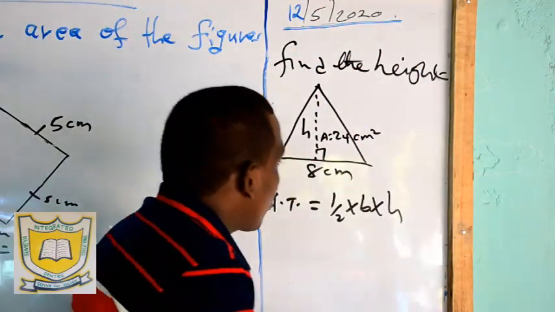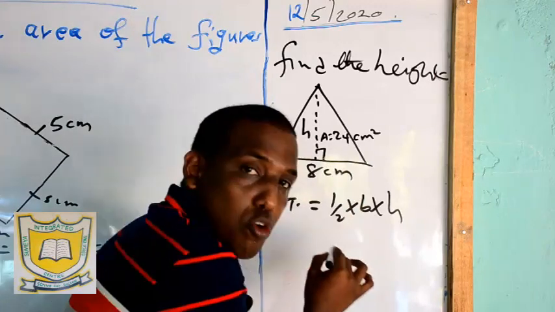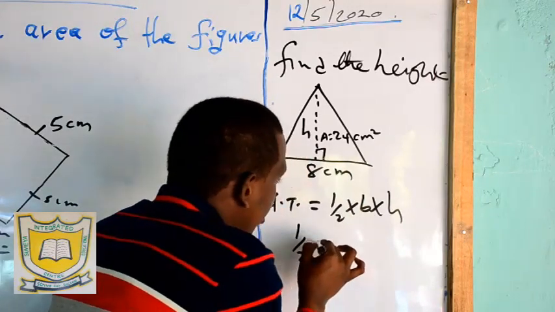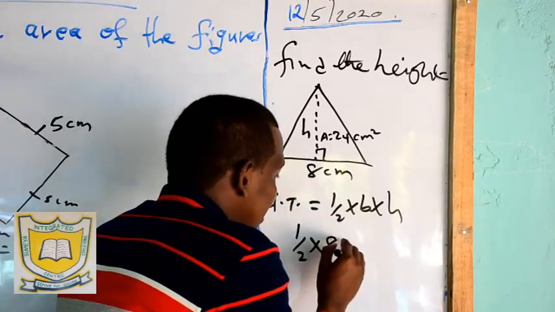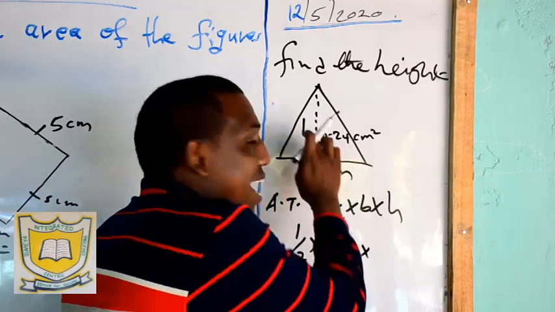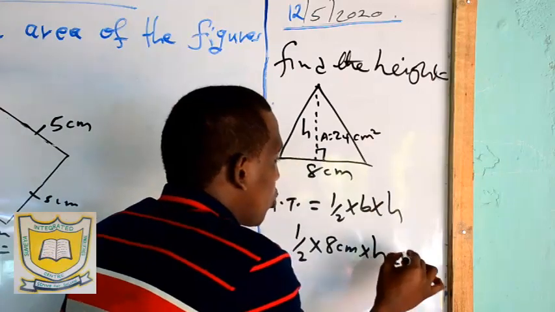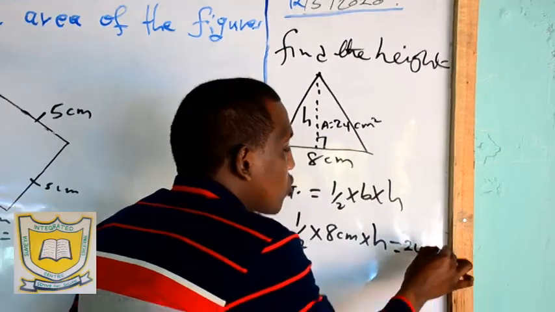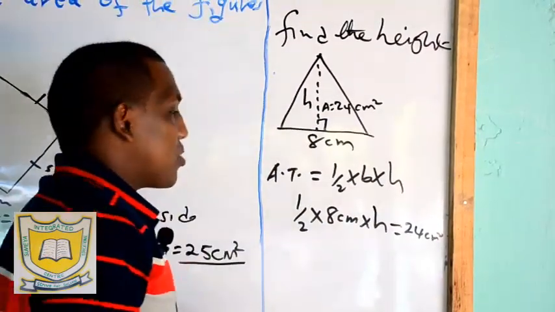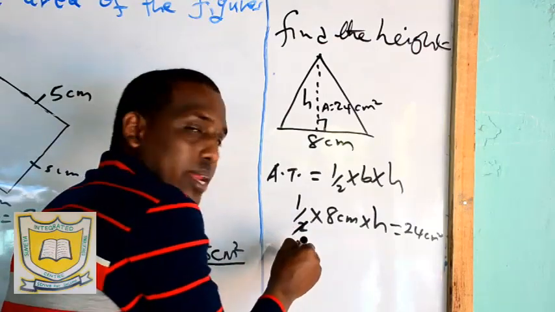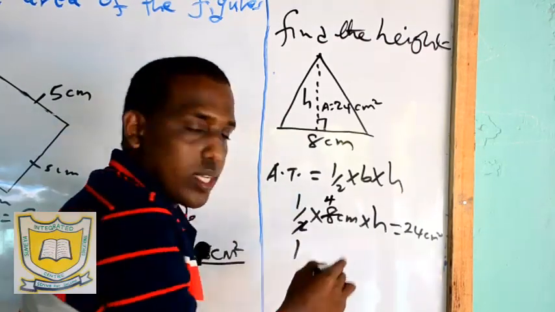So now we want to get the height. I use the formula a half times base, which is 8 centimeters, multiplied by height, which we don't know, h. Following the formula, it is equal to total area 24 centimeters squared. Now we simplify: 1 by 2 times 8 is 4.